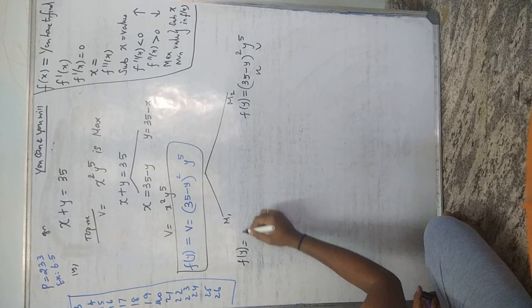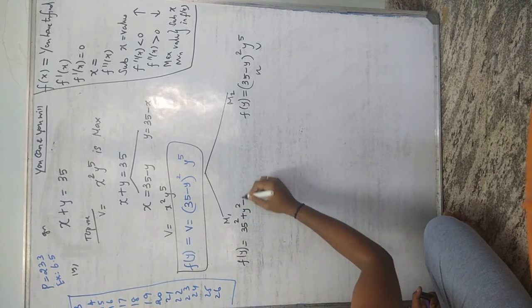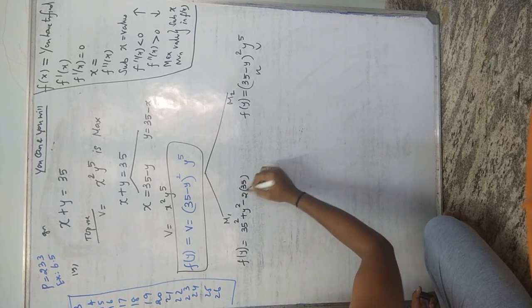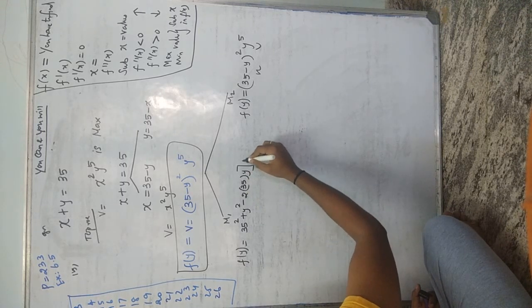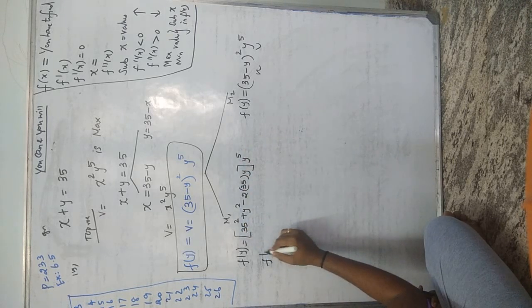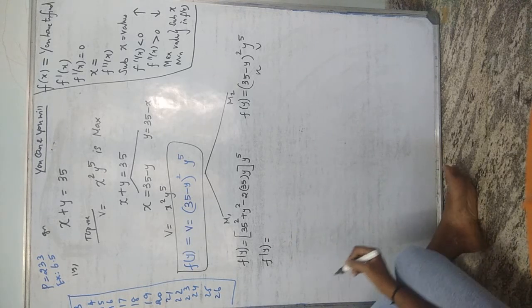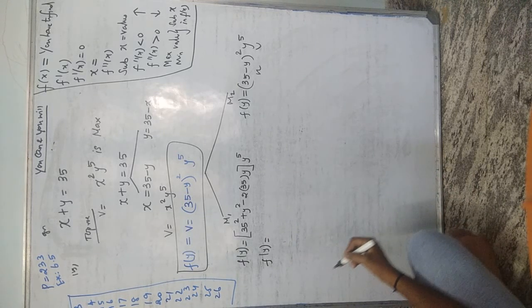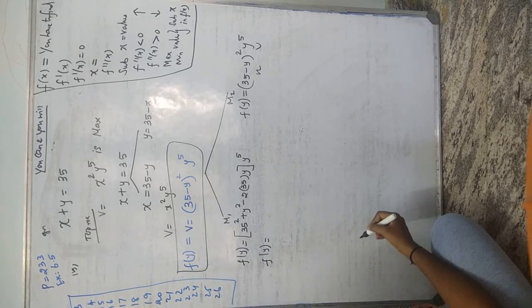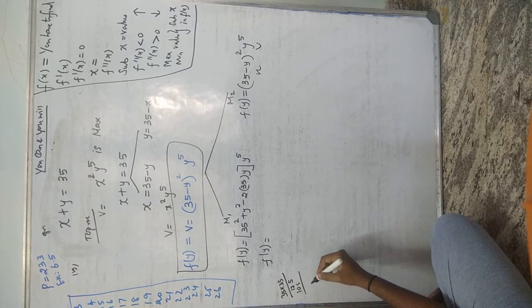F of y equal to expand: 35 square plus y square minus 2ab into y to the power 5. Now again, f of y equal to 35 square. So 35 square you will get 35 into 35, which is 1225.